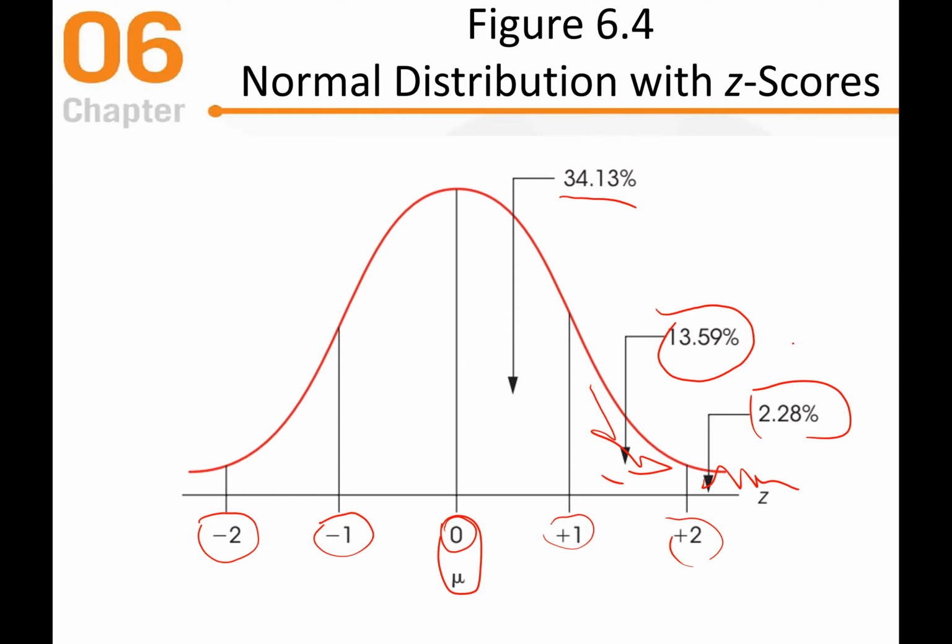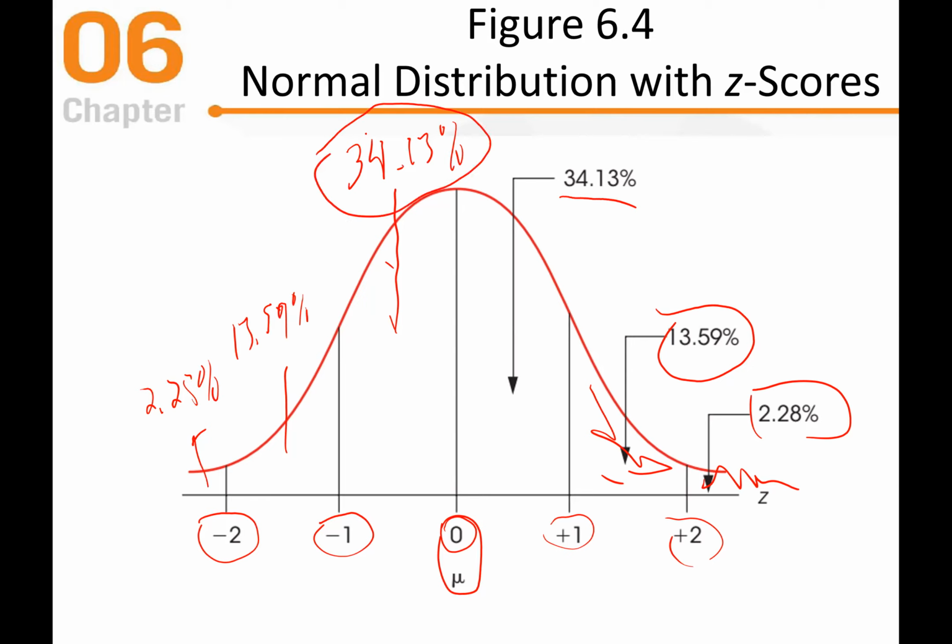Now remember, this distribution is symmetrical. So whatever is happening on this side is also happening on this side. This is also 34.13%. This right here is also 13.59%. And this right here is also 2.28%. So if I ask what proportion of scores are between the mean and 1 standard deviation below the mean, that is 34.13%, just like it was on this side.